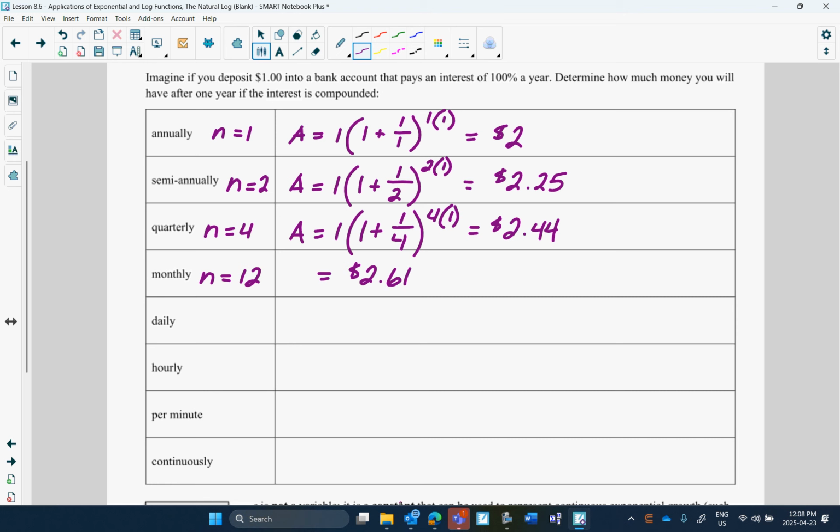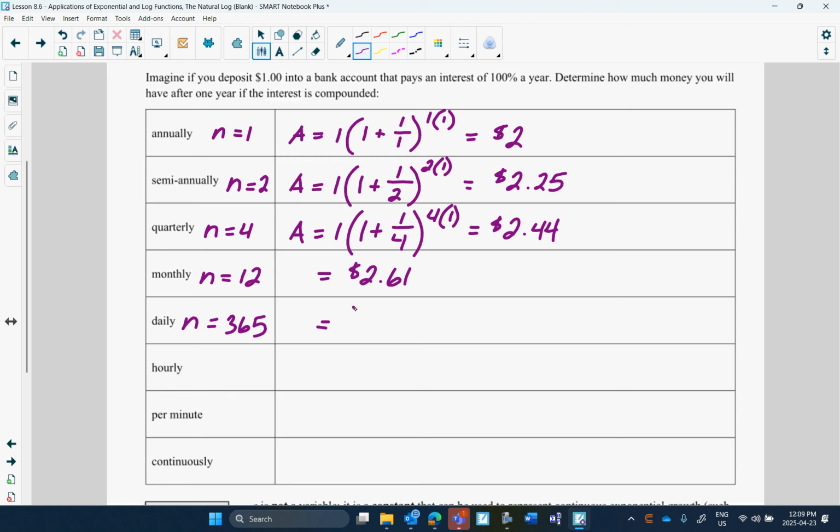Daily. Therefore, interest is calculated 365 times in a year. I'm actually going to give you more decimal points because it works out to $2.71, but then so do these ones.